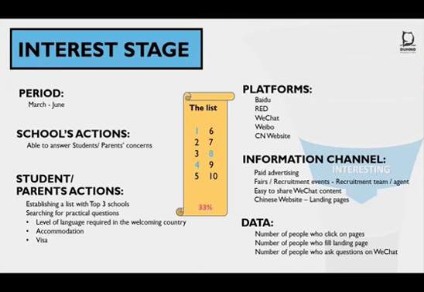In terms of information channels, paid advertising works quite well at this level. It can be Baidu advertising, so paid search. This is pretty efficient on average, because people will be searching certain types of keywords.